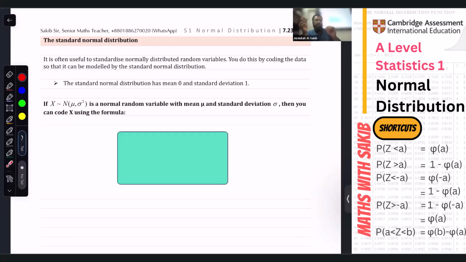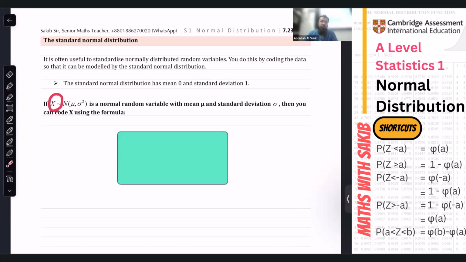How to convert? So if x, a random variable, follows normal distribution and the mean is mu and the standard deviation is sigma, the mean is not 0 and the sigma is not 1, then I can convert the random variable to a standard random variable. How?